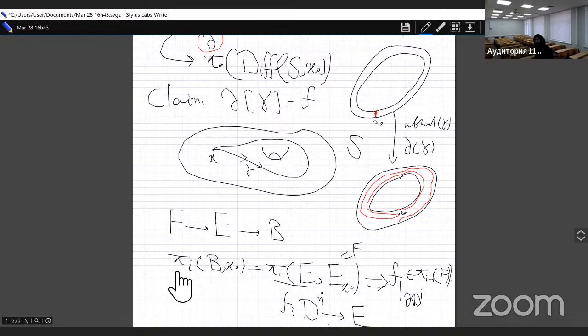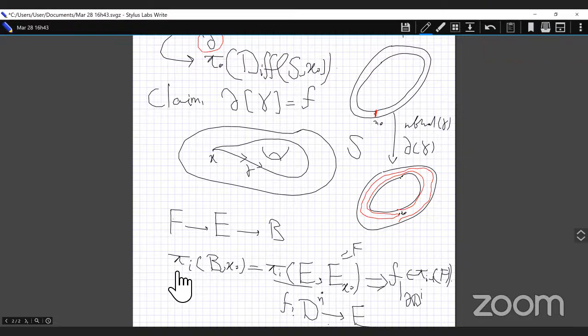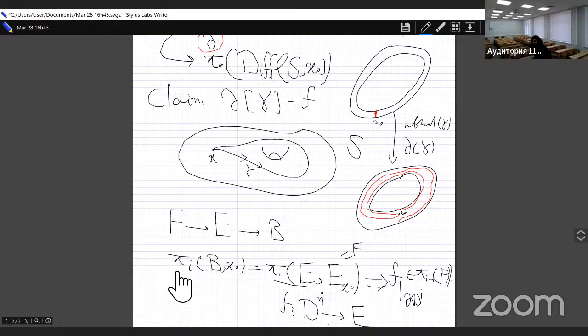The map goes from the tubular neighborhood to the tubular neighborhood. It's the identity on the boundary. So let's see what happens near gamma. We have the tubular neighborhood. Let's assume it's a cylinder. Let's start with the outer part of the cylinder, and take the outer circle.